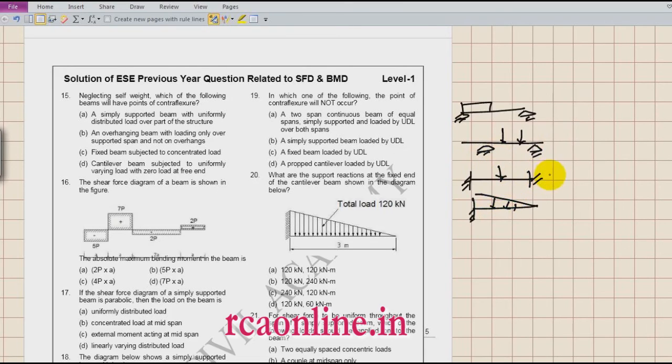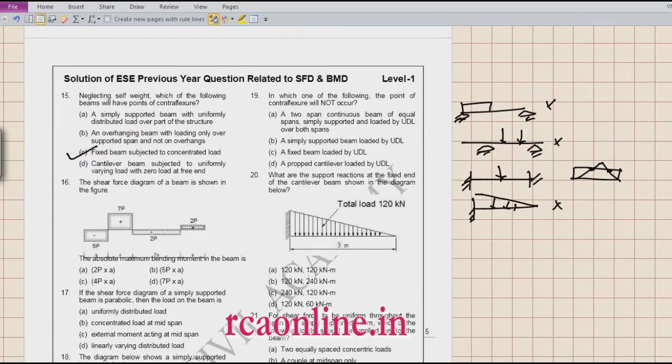So we have not read this till now, but by general observation we can say that in all these three we will not have a point of contraflexure. In the fixed beam, where my bending moment diagram is something like this, I will have the point of contraflexure. So what is the answer?